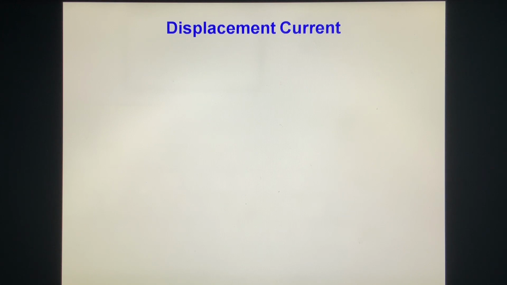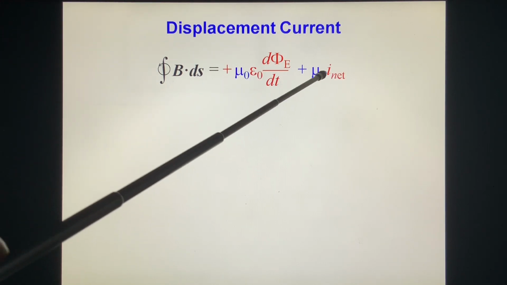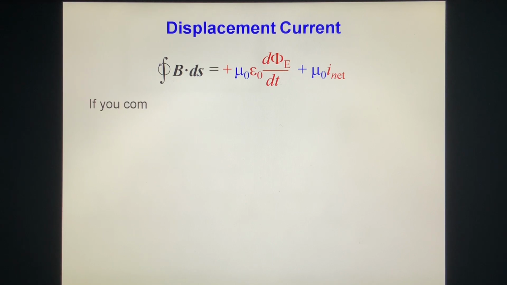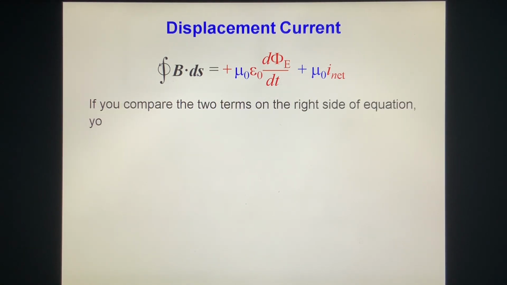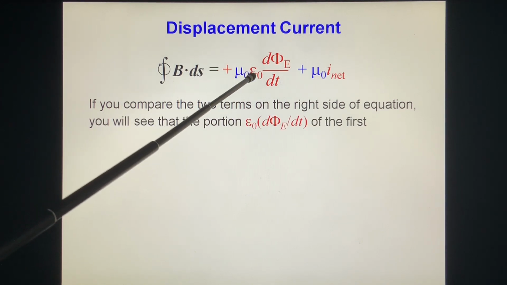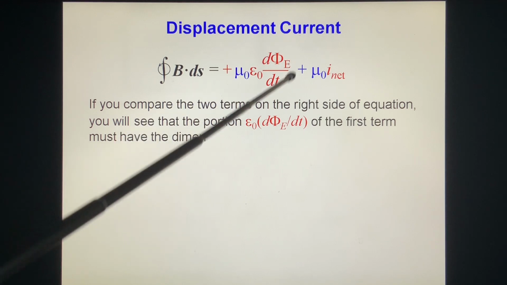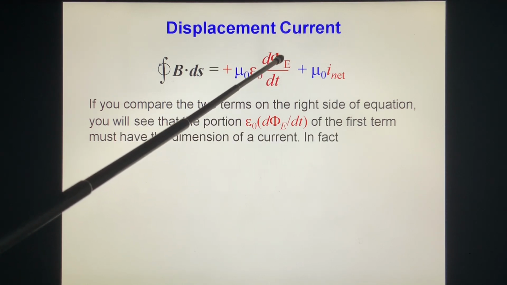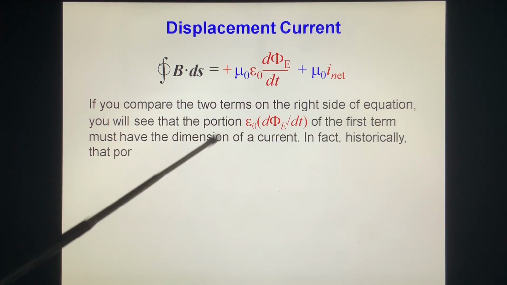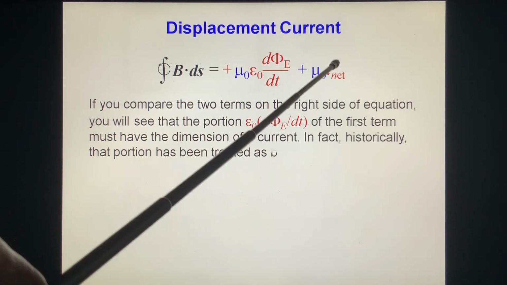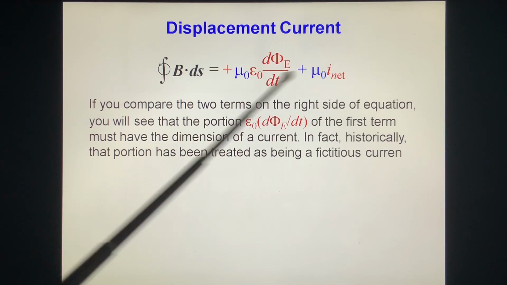Displacement current. We rewrite this Maxwell equation, and with the color, we see they both have a mu 0. If you compare the two terms on the right side of the equation, you will see that the portion epsilon 0 d phi e dt of the first term must have the dimension of a current. This should be the same dimension.